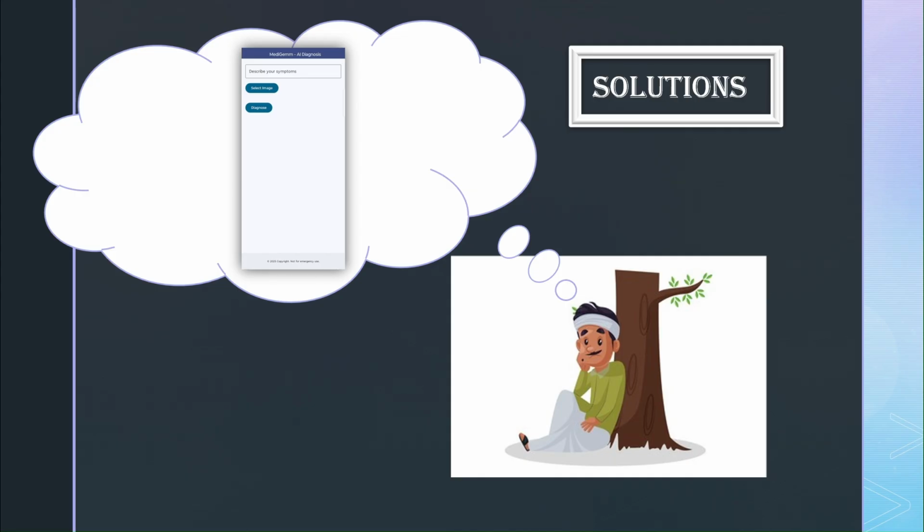By delivering essential, easy to understand health information in local languages directly to users' phones, we empower individuals to take the right actions immediately, helping to bridge the gap in healthcare access and save lives.